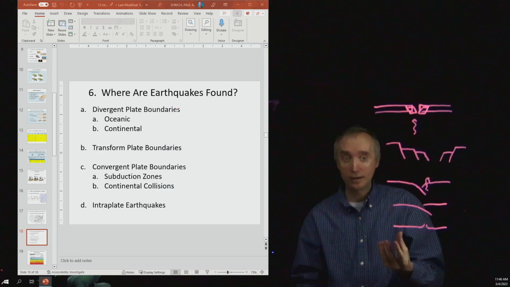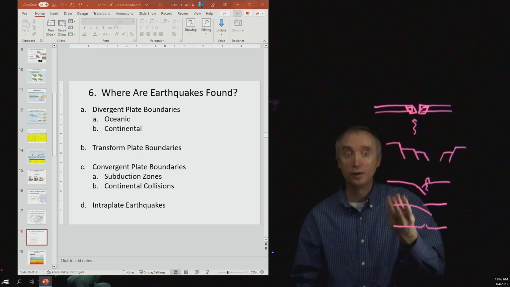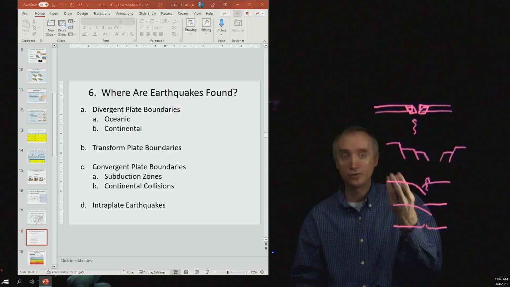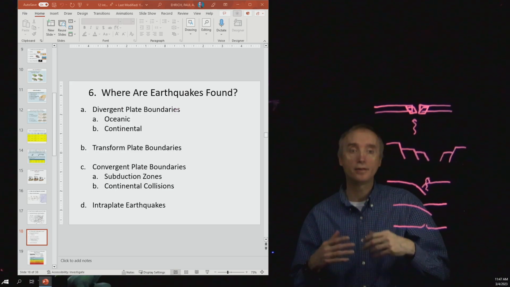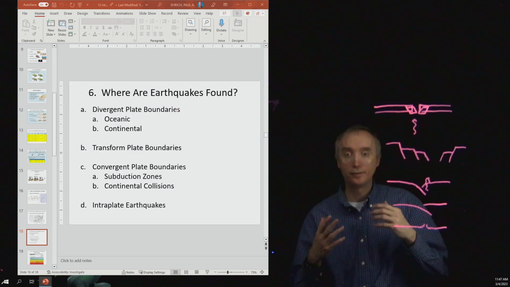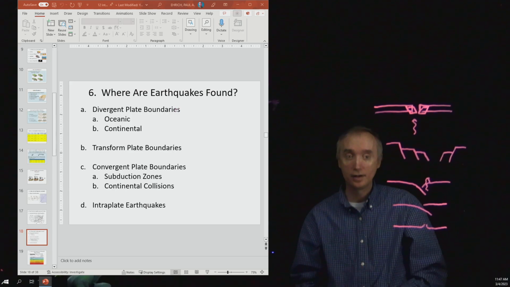Well, as this magma comes up, though, it can break apart rocks and generate earthquakes. So this is one of the ways that we might be able to forecast an earthquake, is by the miniature earthquakes that are going to be given off just prior to an eruption.